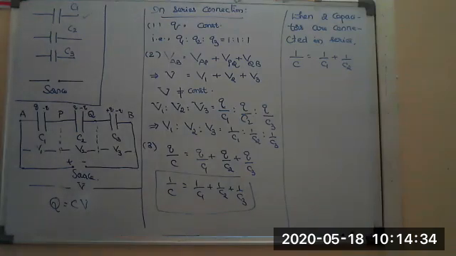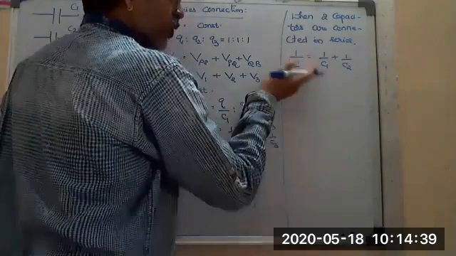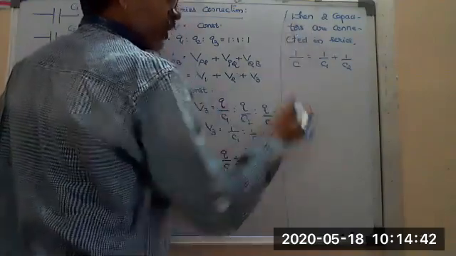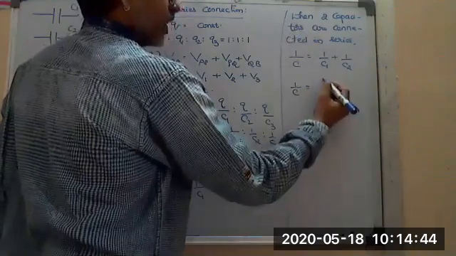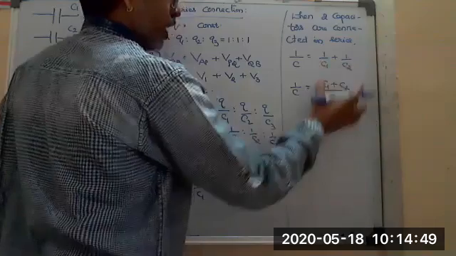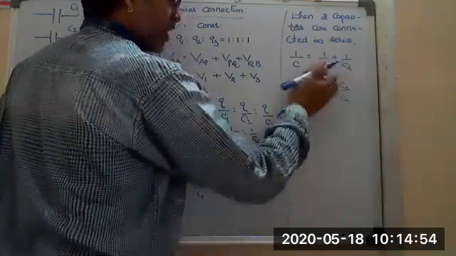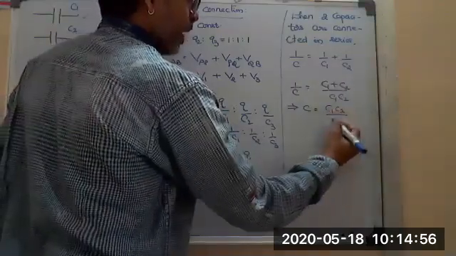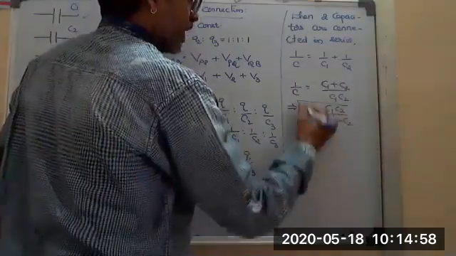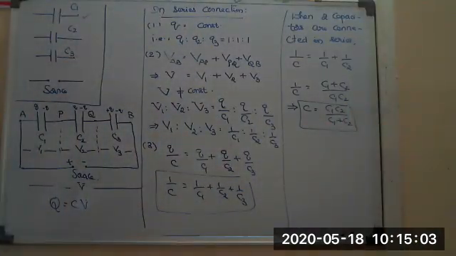You can leave it there, but the problem is 1 by C is not the answer, C is the answer. So I have to take the reciprocal. After taking LCM, 1 by C equals C1 plus C2 by C1 into C2. Therefore, by reciprocating, C equals C1 C2 by C1 plus C2. It is the effective capacity in series. Particularly when only two capacitors are used, you can use it as a shortcut.